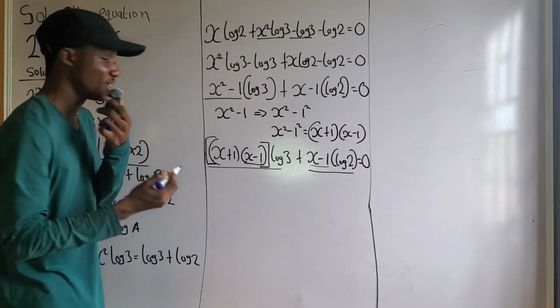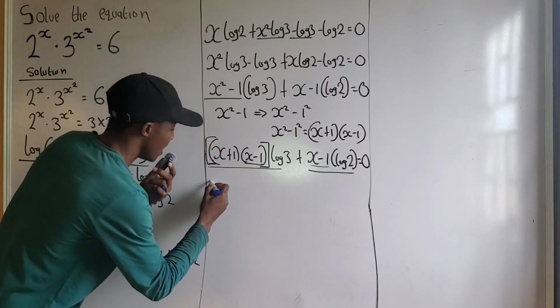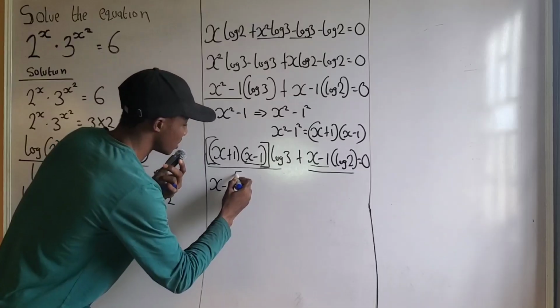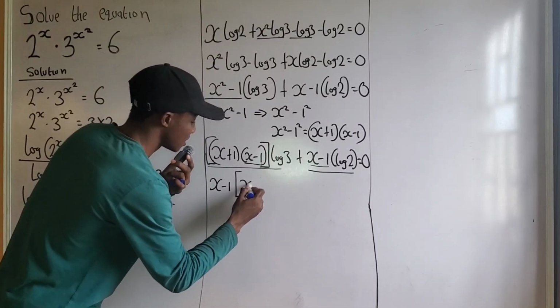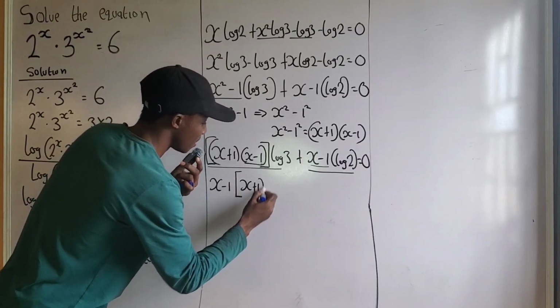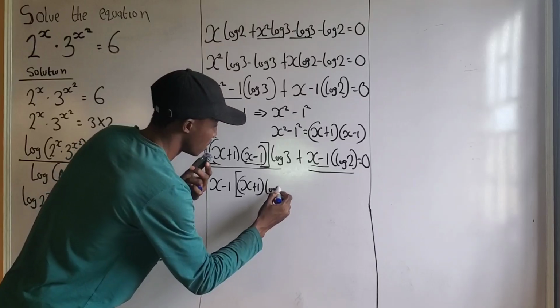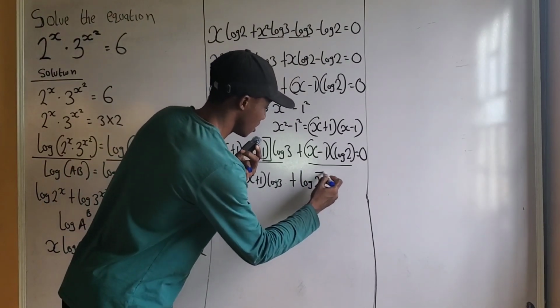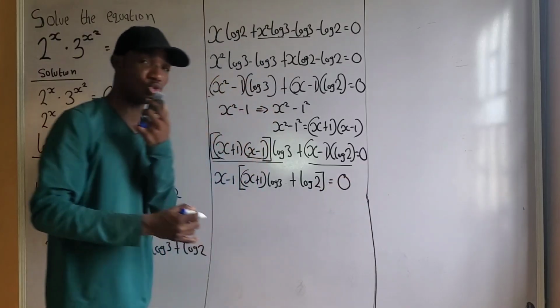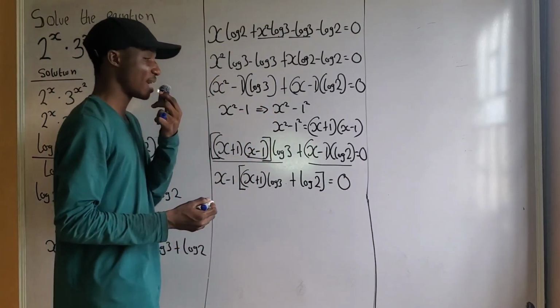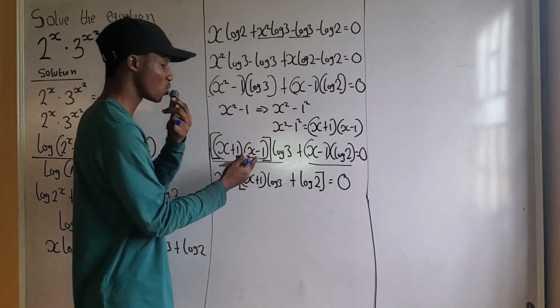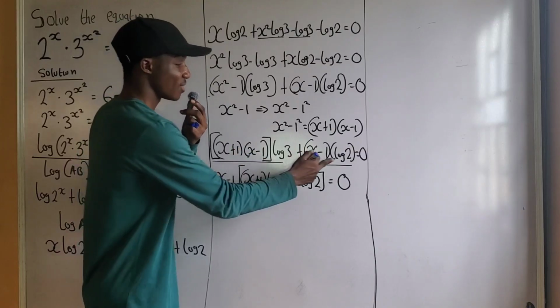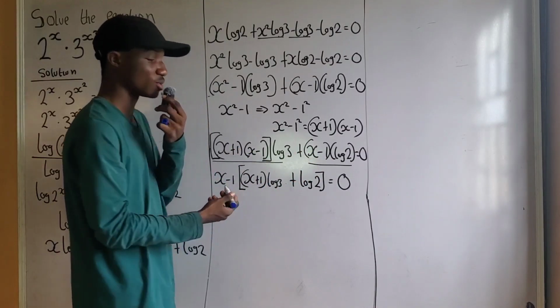So for this, I'm going to have x minus 1 multiplied by x plus 1 multiplied by log 3 plus log 2. All this equals to 0. What I did was that I just factorized, because x minus 1 is common to this side and also this part. So I factorize it out.